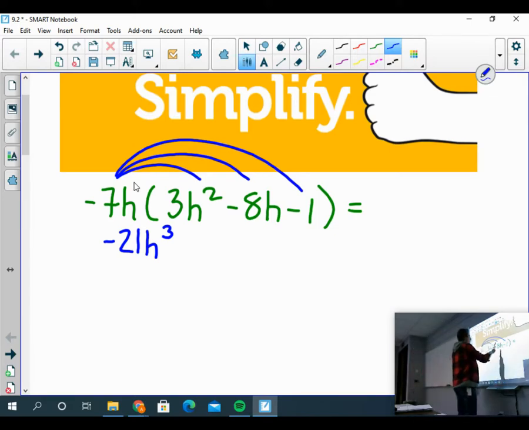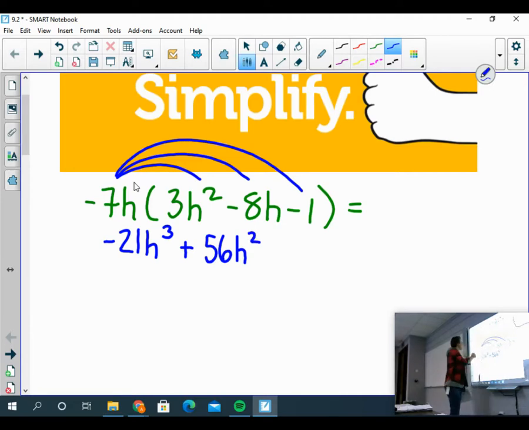Negative 7h times negative 8h will give me positive 56h squared. Again, when you don't see the exponent by the h's, that means they have an exponent of 1. So when I do negative 7h times negative 8h, I have two h's, h squared.